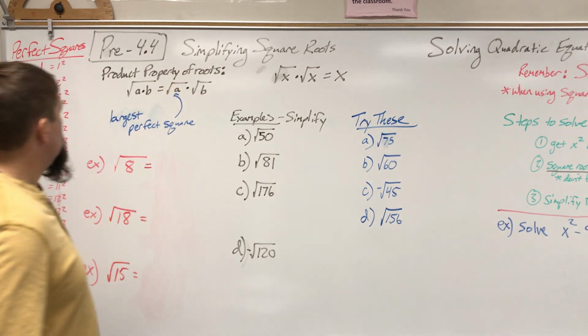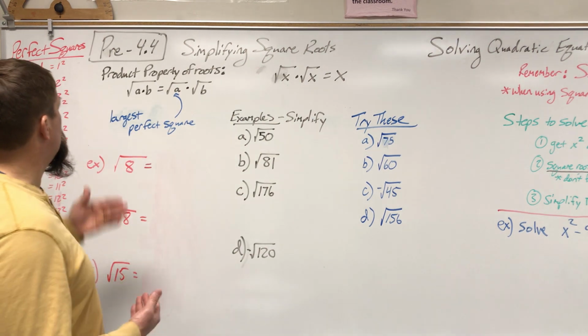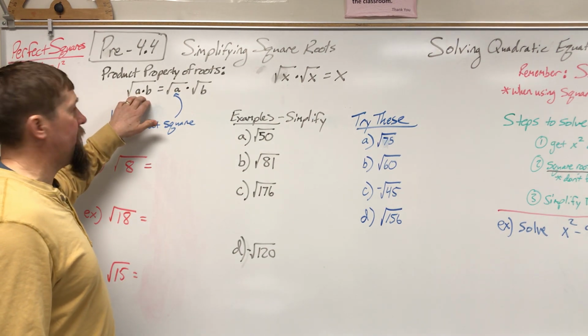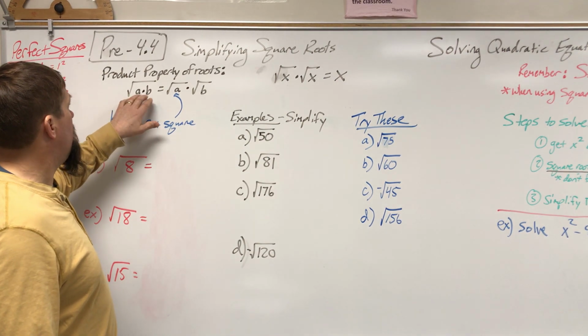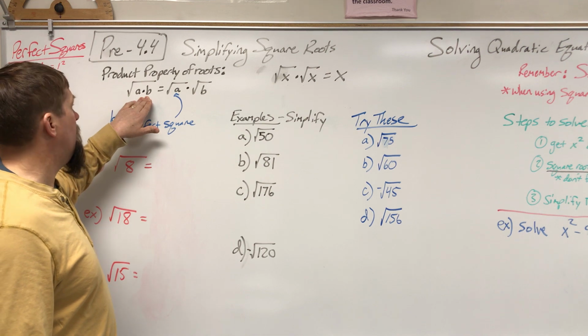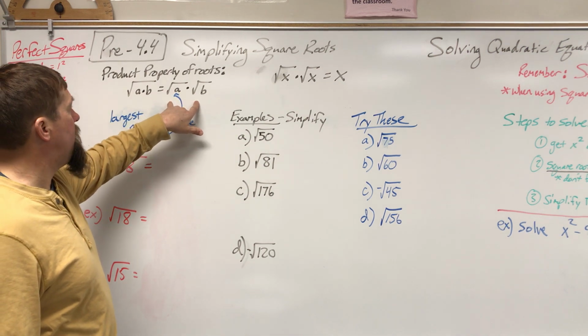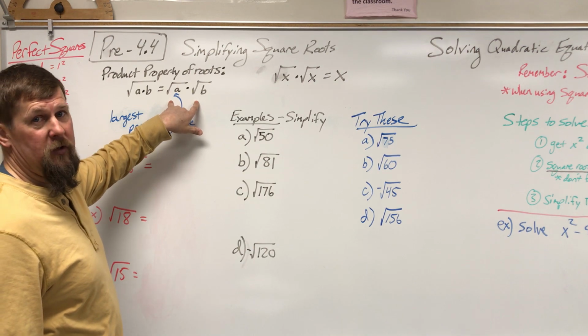Okay, so to do that, we have to understand a couple topics. One of those is the product property of square roots. If we have a square root of two factors, a product, A and B, we can break those two up into two square roots multiplied together.